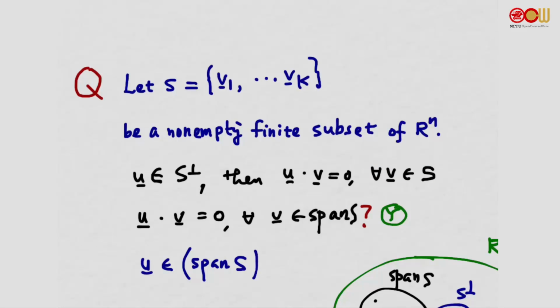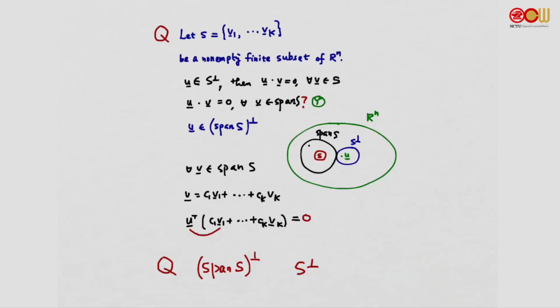Because u is orthogonal to every vector in span S, that means that u is in fact a vector in the orthogonal complement of span S. Well, if the fact that u is in S perp implies u is in span S perp, then which one is a larger set?